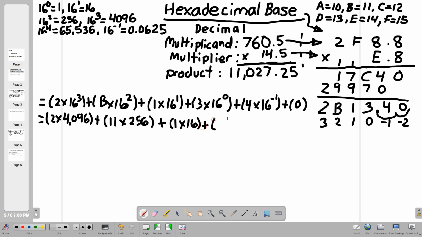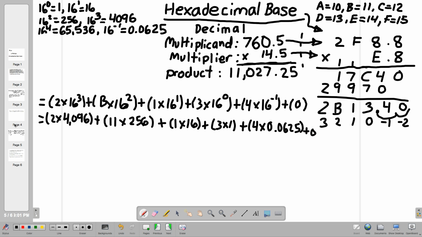And then we have 3 times 1. And then we have 4 times 16 to the -1 power, which we have represented up at the top here. 16 to the -1 power is 0.0625. So that's what goes here, and then plus 0.